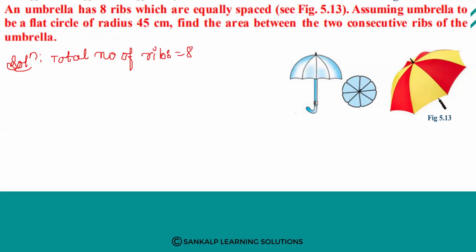Right? So one umbrella has 8 ribs. If you make it flat, then what is the radius? That time the radius is 45 centimeter.